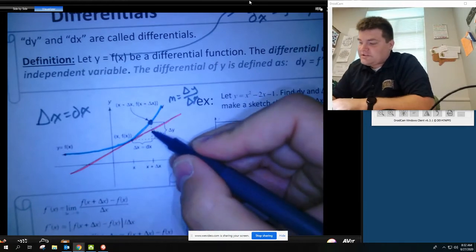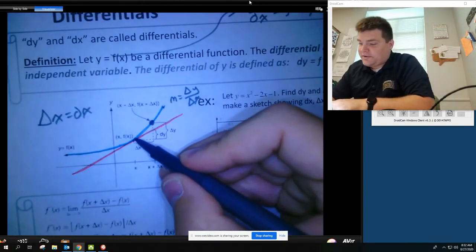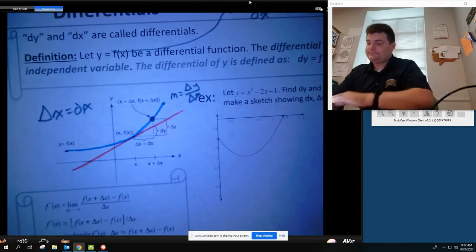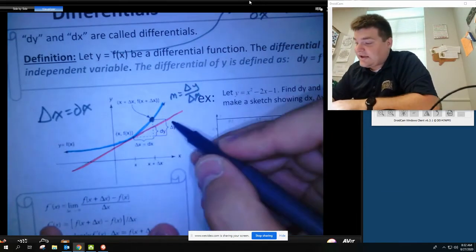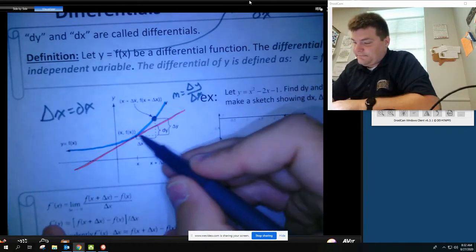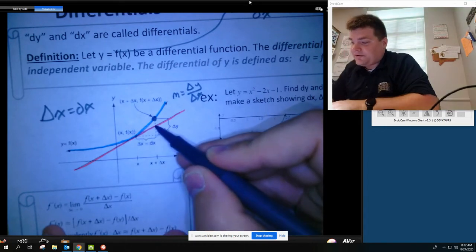So it's going to be the entire vertical length from the tangent to the point. Dy is what deals with the actual tangent line. So dy is going to be, when we get out here, the distance from that x to that height of the curve.